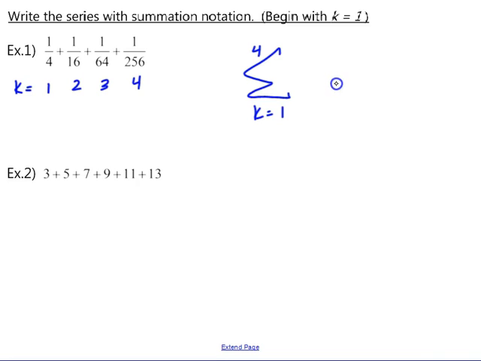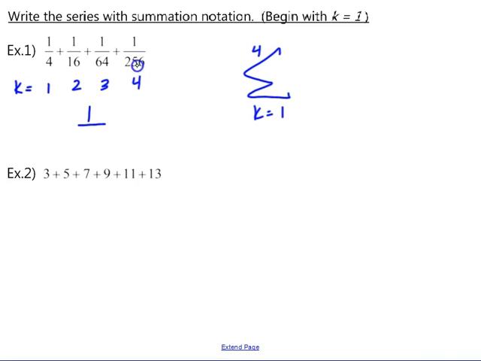So we're going to find the formula by looking at the pattern of numbers the same way we did with our sequence. If you notice, our numbers are fractions. We have a 1 in the numerator. And if you look at the denominators, these are all powers of 4. 4 to the first power is 4. 4 to the second power is 16. 4 to the third power is 64.